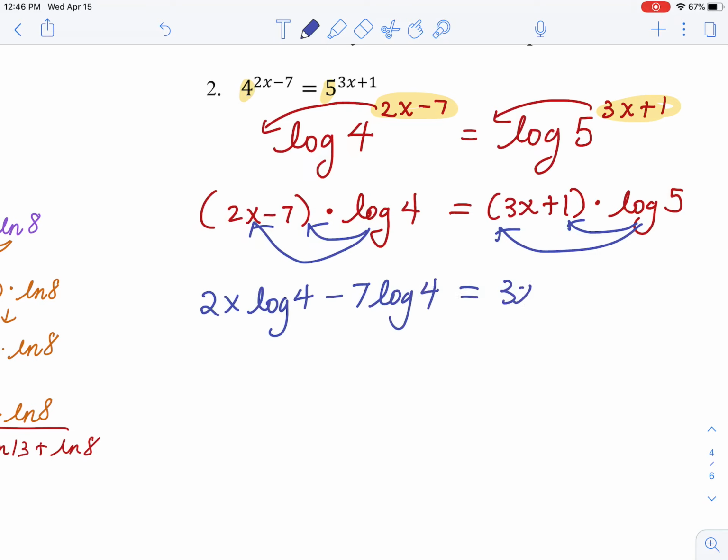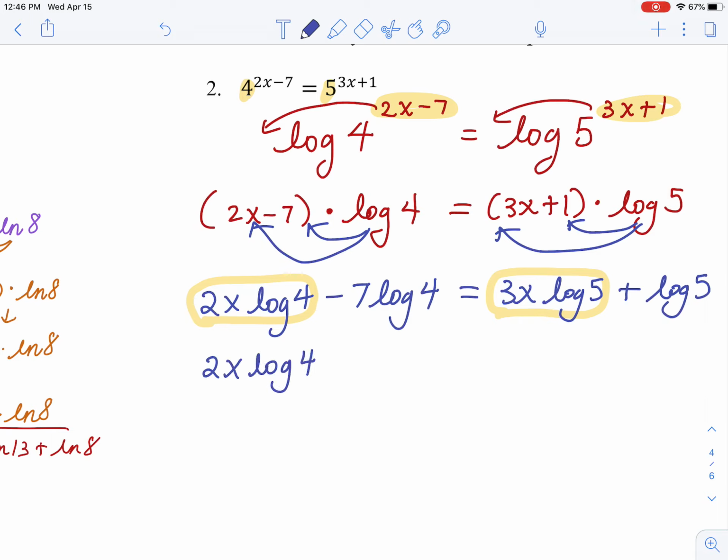So I will get 2x times log 4 minus 7 times log 4 equals 3x times log 5 plus 1 times log 5. What you're going to do now is search for all the terms that have x's. This term has x, no x. This term has x. So if it has x's, I'm going to keep them to the left side. I'm going to send them to the left side.